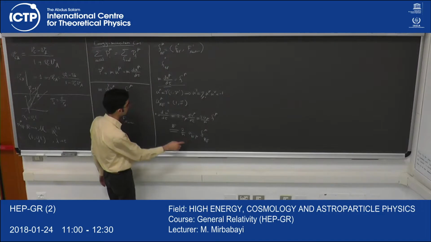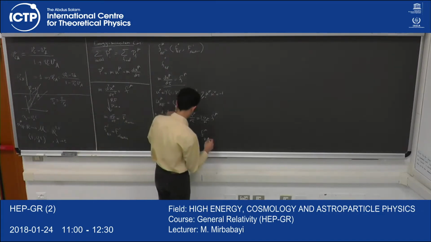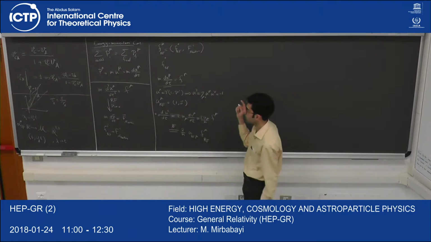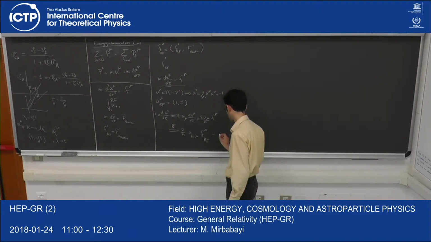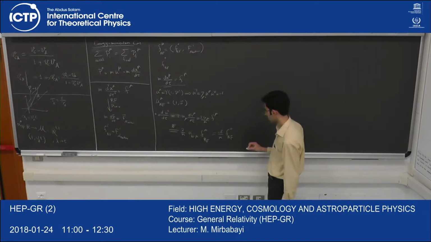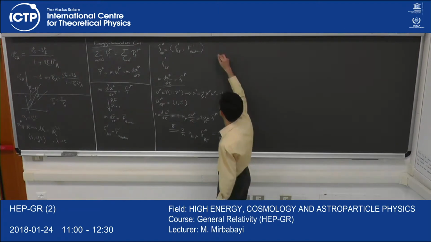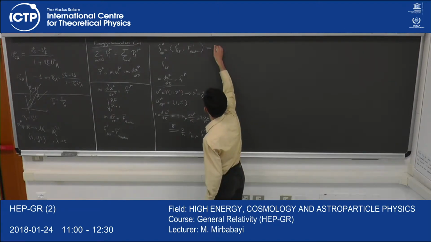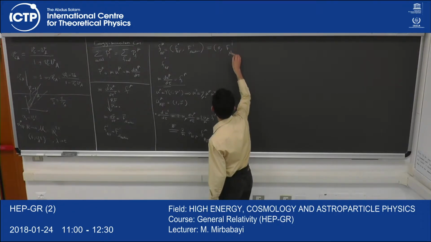But u in the rest frame has only a 0 component, so that is equal to -2 over m F rest frame 0. So this has to be equal to 0. Therefore, we conclude that F0 in the rest frame is 0 and the force is F Newtonian.